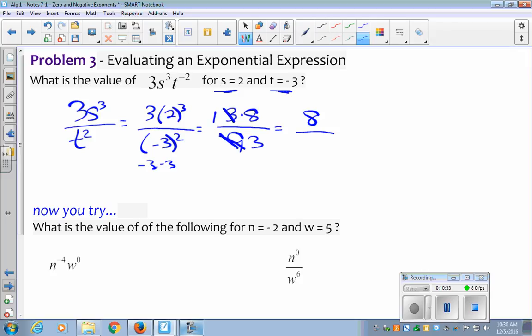And the simplified answer is 8/3. You can also write it as 2 and 2/3.